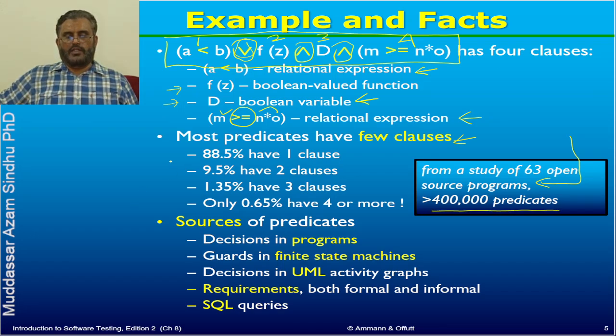It was found that 88.5% of the predicates had just one clause, 9.5% had 2 clauses, and just 1.35% had 3 clauses, and only the remaining had 4 or more clauses.